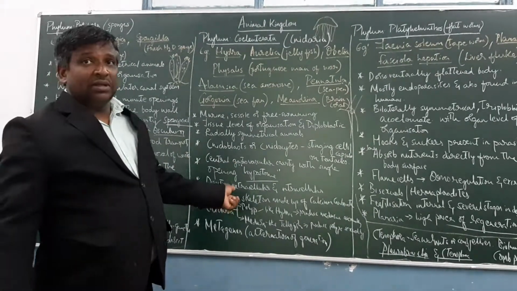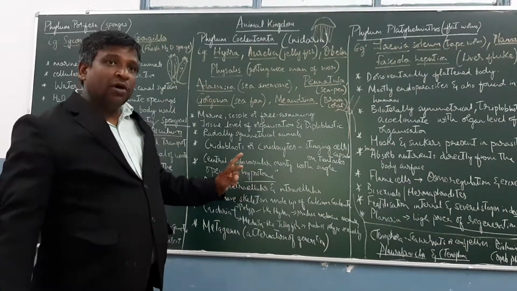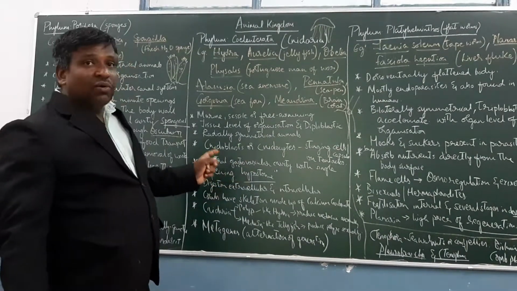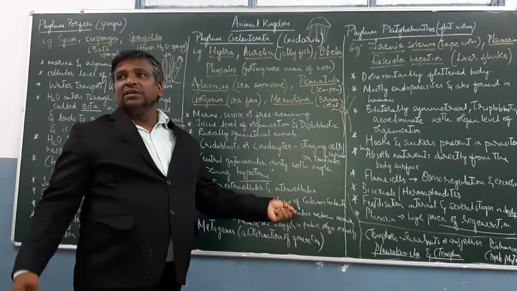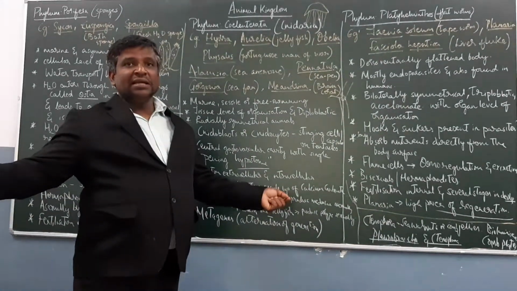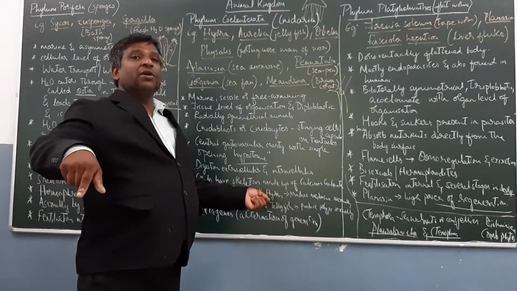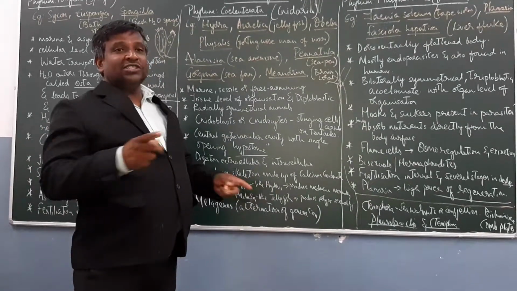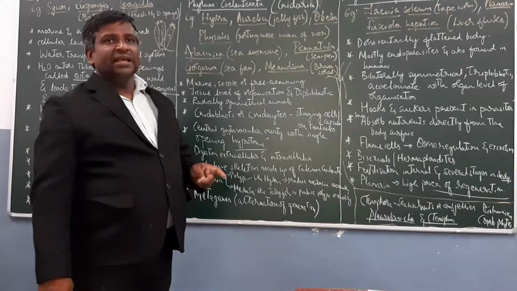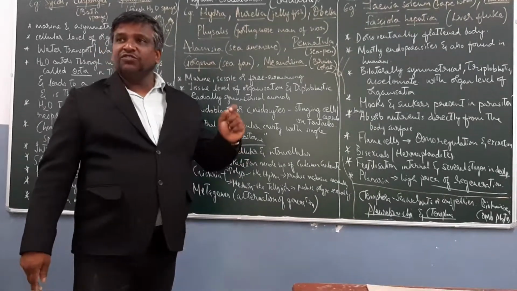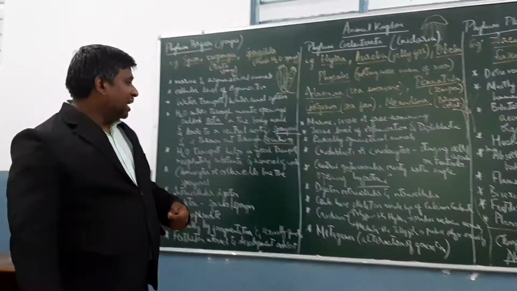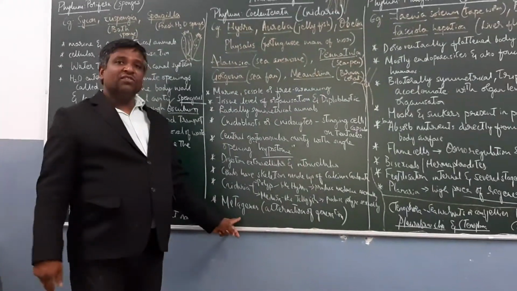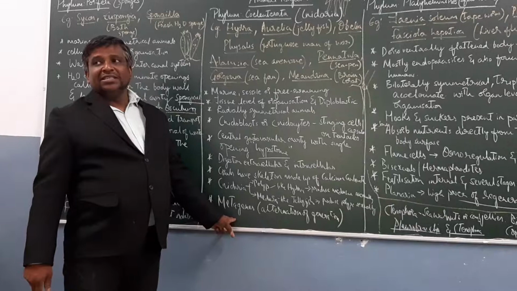Obelia exhibits alternation of polyp and medusa generations. The polyp undergoes asexual reproduction to produce medusae, and the medusa undergoes sexual reproduction to produce polyps. This alternation of generations found in Coelenterata we call metagenesis.